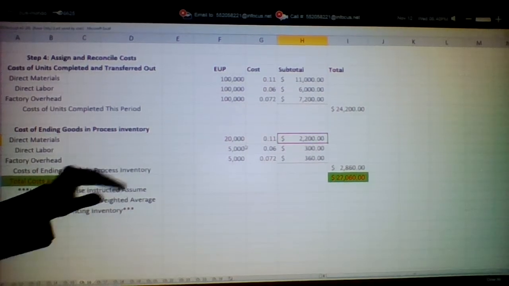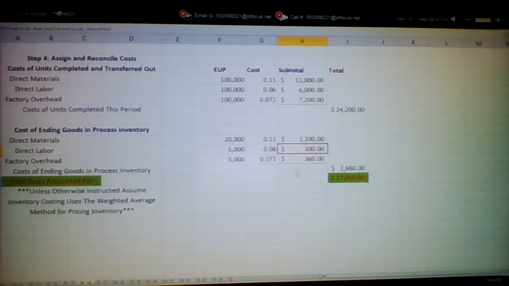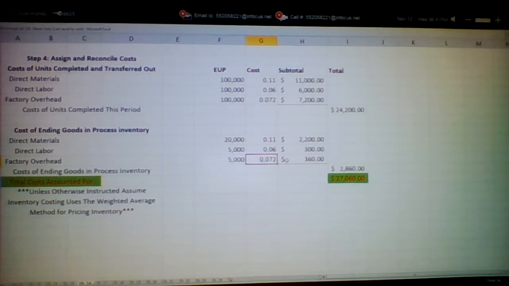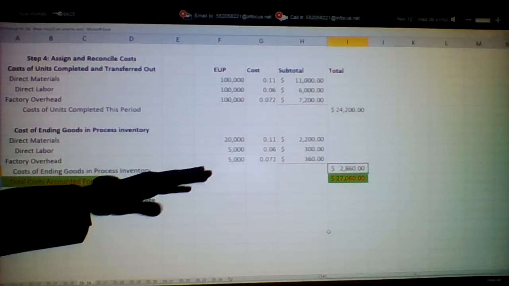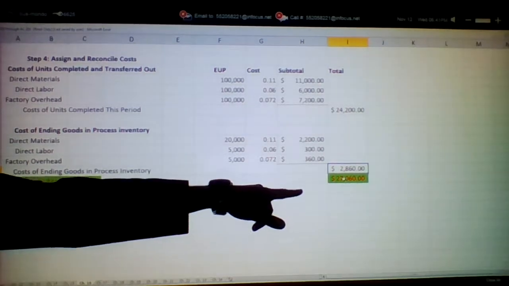Our labor, 5,000 equivalent units of production at 6 cents per equivalent unit for $300 that we'll assign to our ending process inventory. Our factory overhead, 5,000 equivalent units, 7.2 cents for $360. Cost of ending goods in process inventory, $2,860, for total cost accounted for of $27,060.